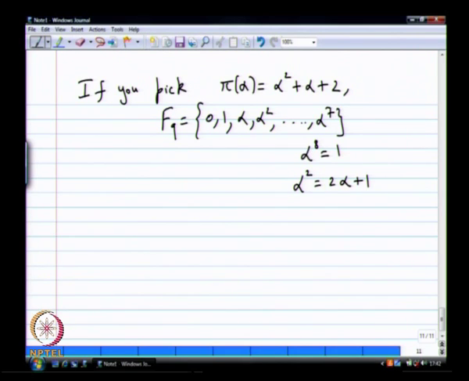Okay, so what you have to do for that is you have to pick your pi of alpha smartly. And that choice is what is called a primitive polynomial. So what is a primitive polynomial?